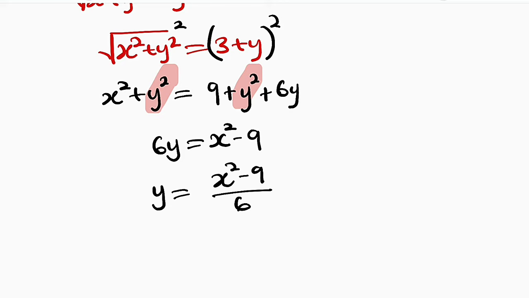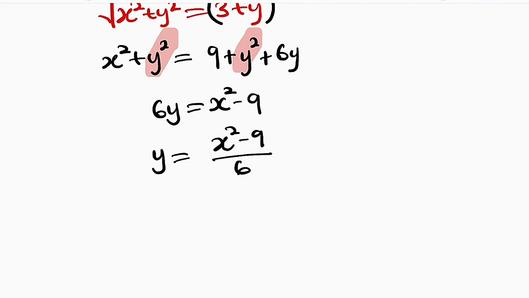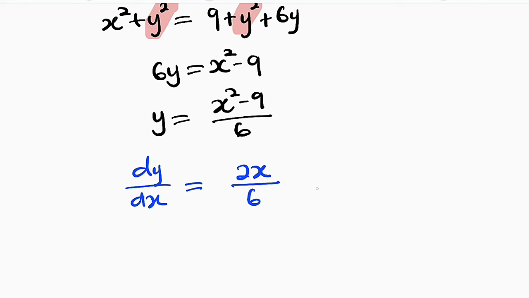But we are almost done because we have a point, negative 3 and 0, right? But we still need this m. And what is this m? m is the slope, which is dy over dx at that point. So let us differentiate this function. dy over dx will be equal to, since this is constant, just differentiate the top. The top will be 2x minus 0 because derivative of constant is 0. But this denominator will always stay. And if you simplify this, this will be x over 3, right?